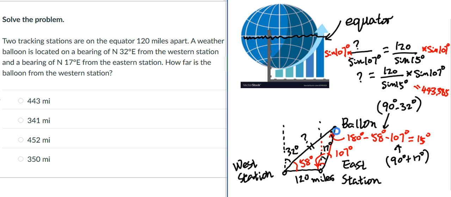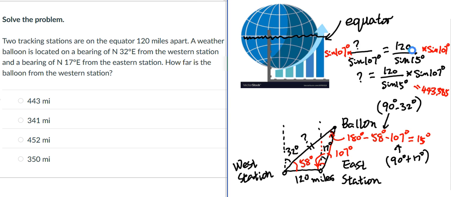And you should use this side over sine 58. But we do not need this. We just need this side, question mark, over sine 107 degrees. Okay? So multiplying both sides by sine 107 degrees, the question mark comes out.